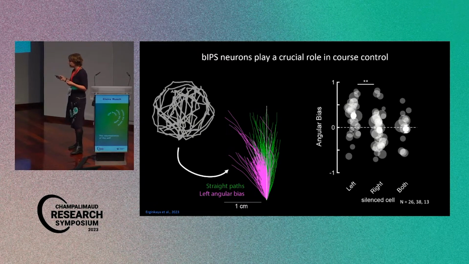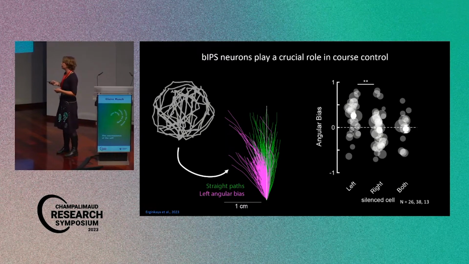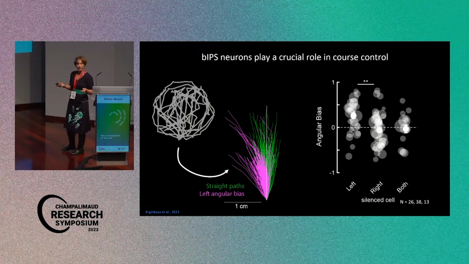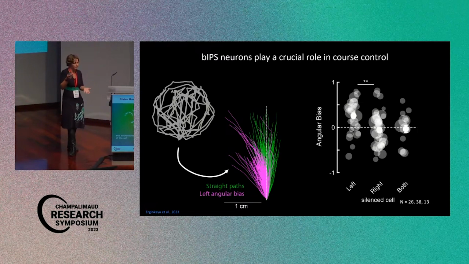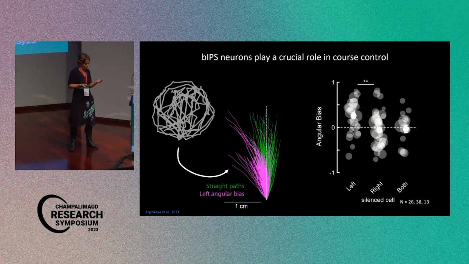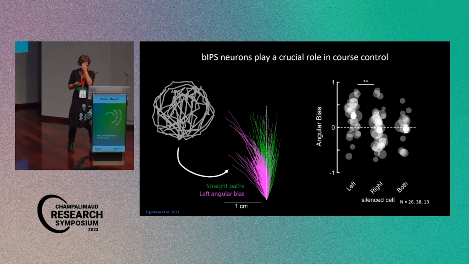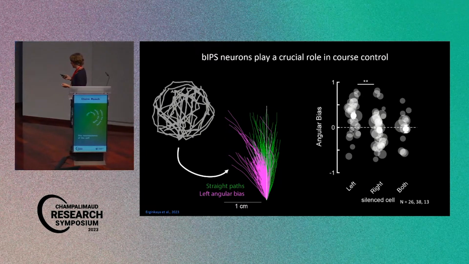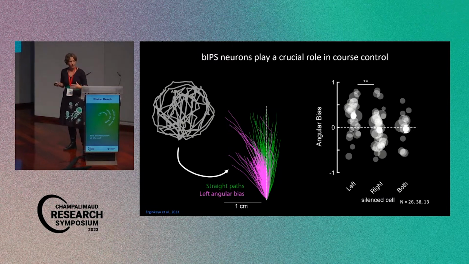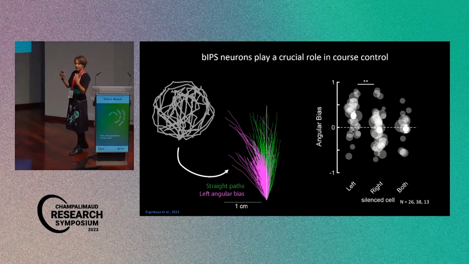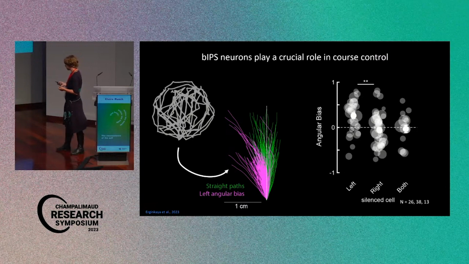You can see that silencing BIPS triggers a path deviation. If we silence left, the fly tends to walk more toward the left. If we silence right, they walk more toward the right. And if we silence both, well, nothing happens. So it's really this neuron that is monitoring how much is going on in each side of the body. I should also mention that BIPS is an inhibitory neuron, so when we silence it, it releases whatever inhibition it was doing.